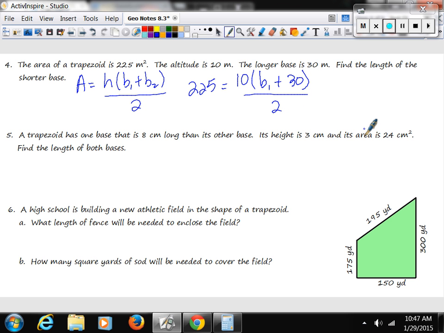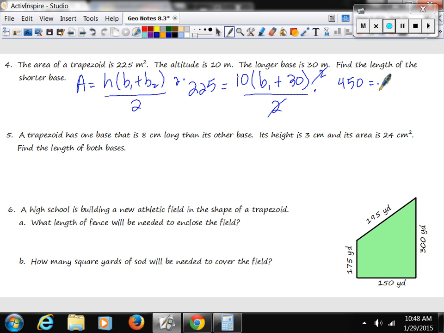So those are the pieces that we've been given. We're missing the B1. Again, Algebra 1 has told us how to solve for that B. You think back to your Algebra 1 days, you just keep doing the same thing on both sides until you get that B by itself. So in this case, I would multiply by 2 because I want to get rid of this fraction. This gives me 450 right here.